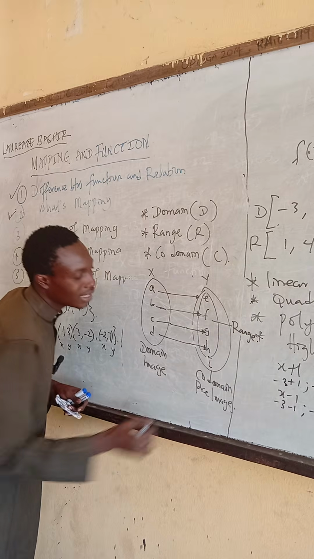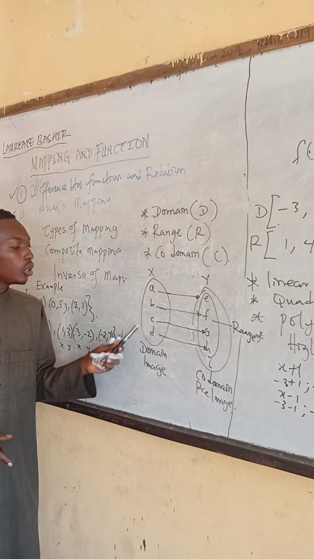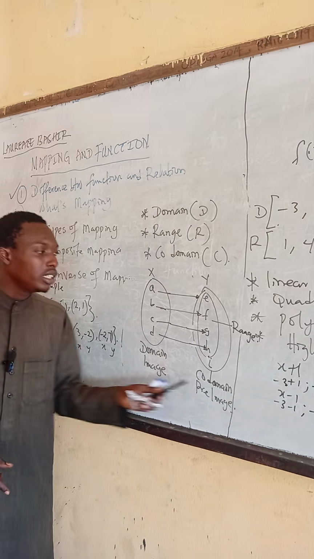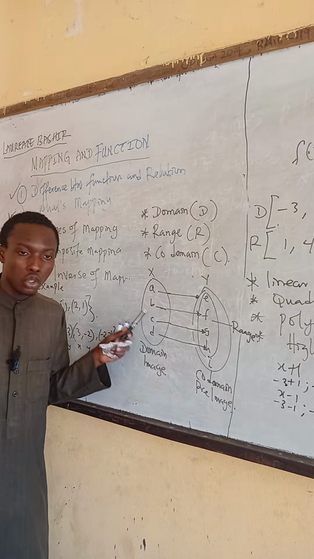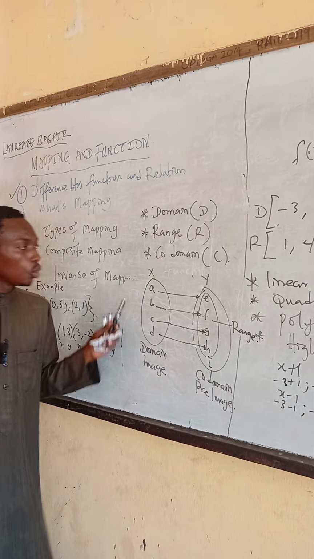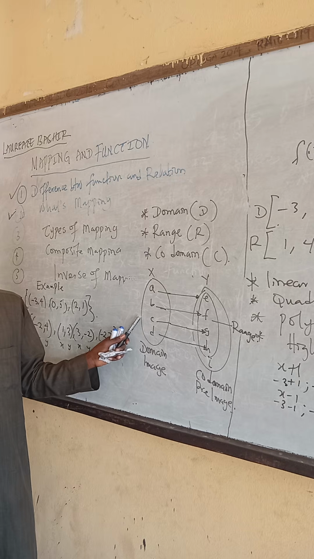So in short, range is defined as the elements that have an image in the domain, that is, those that have a map in the domain. That's what we mean by range.